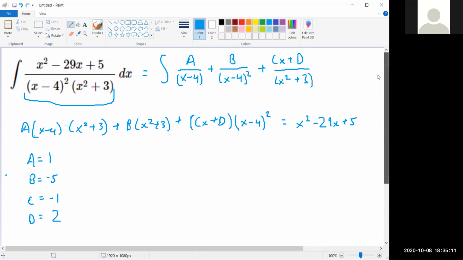All right, now given these values of A, B, C, and D, let's rewrite our original integral.